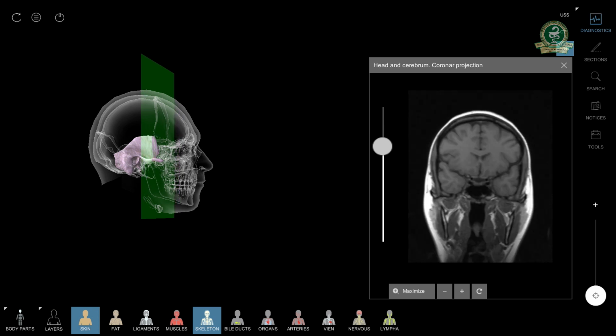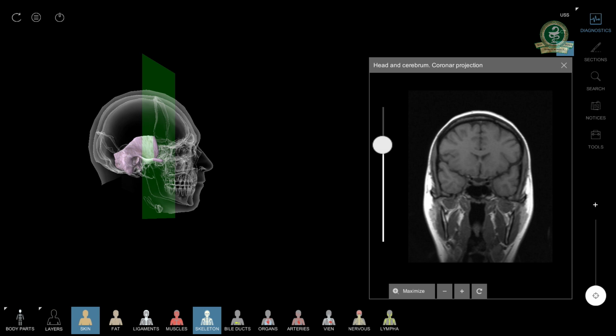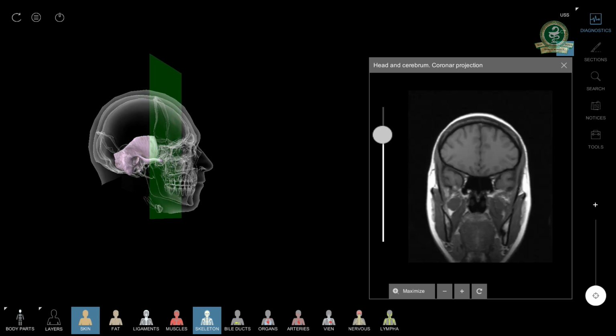And this one, you can identify, is the body of the sphenoid bone, as I showed. And when we come a little bit anteriorly, it's the sinus of the sphenoid bone. And if we go like this, the ethmoid bone, this is the sinus of the ethmoid bone.